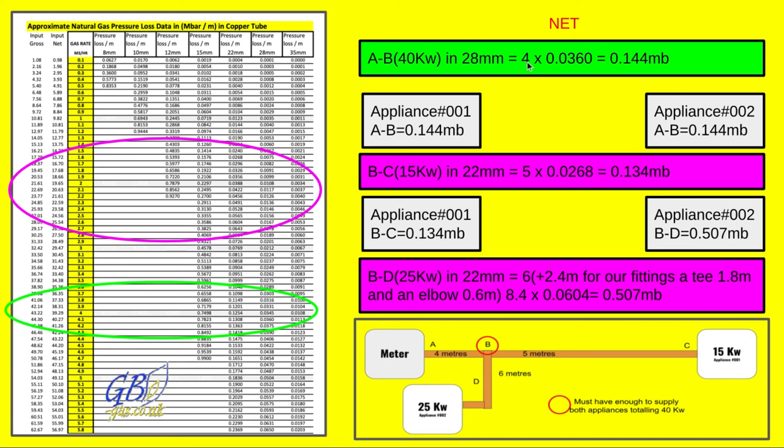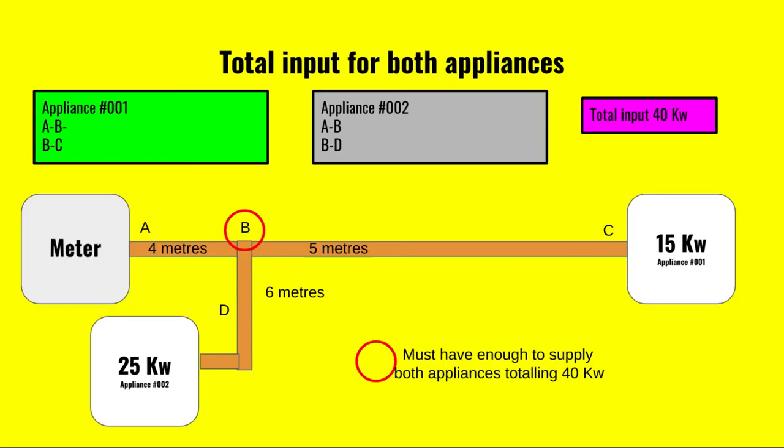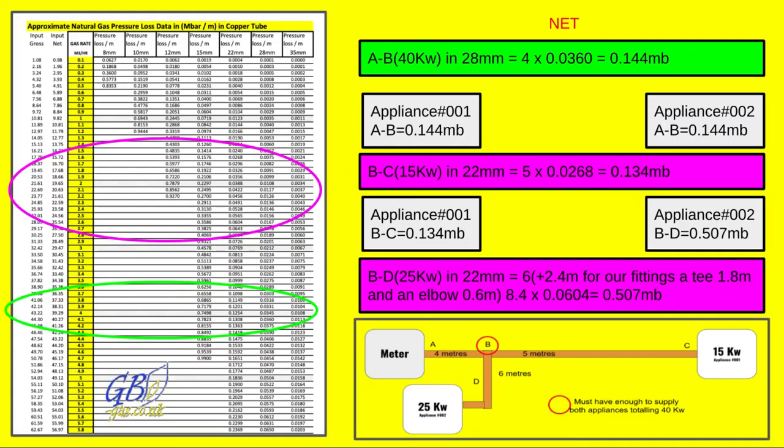And I've got a number 4 there, so if I just go back, you can see A to B is 4 metres long, and I've gone 40 kilowatts because I've got 25 there and I've got 15 there. 40 kilowatts. Multiply them and I've got 0.144 millibar. And you can see there, A to B, 0.144 millibar.